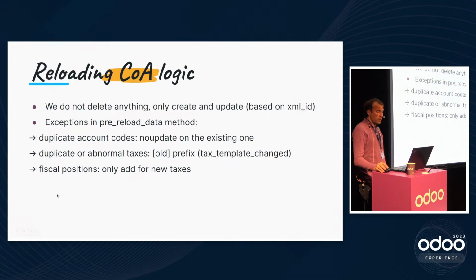And for the fiscal positions, we only add new taxes when those new taxes are also in the fiscal positions, because maybe you changed everything and we cannot predict what you changed. So we try to be a bit conservative there.